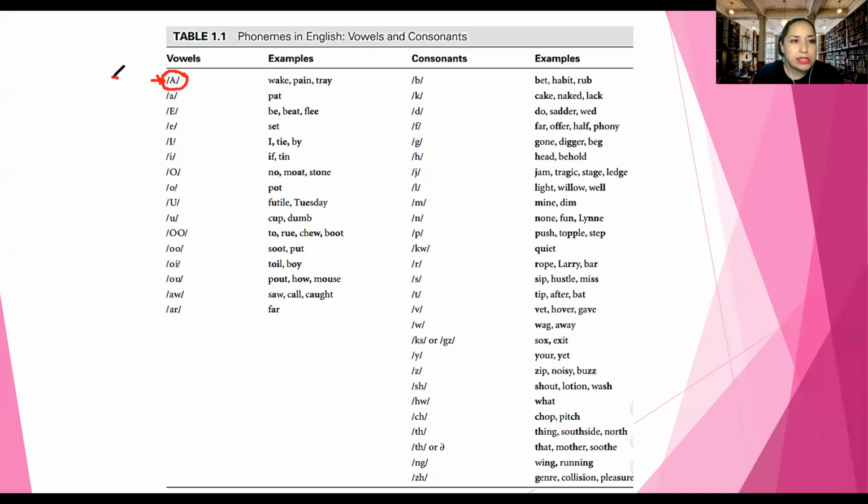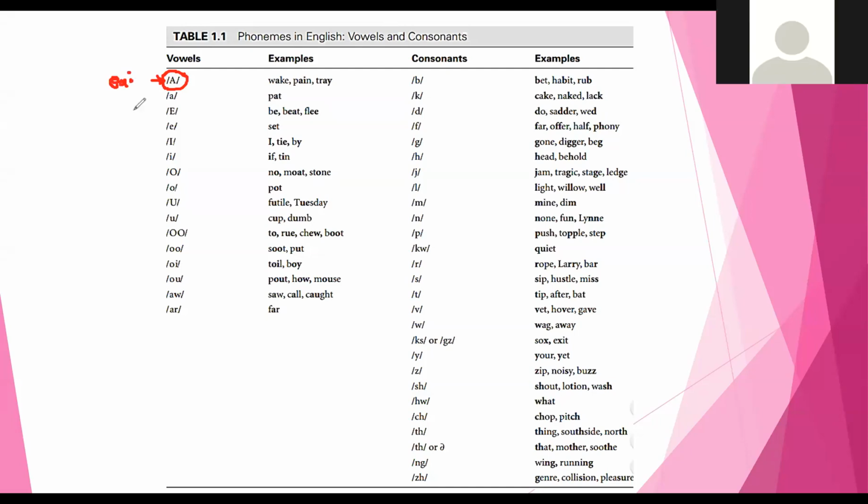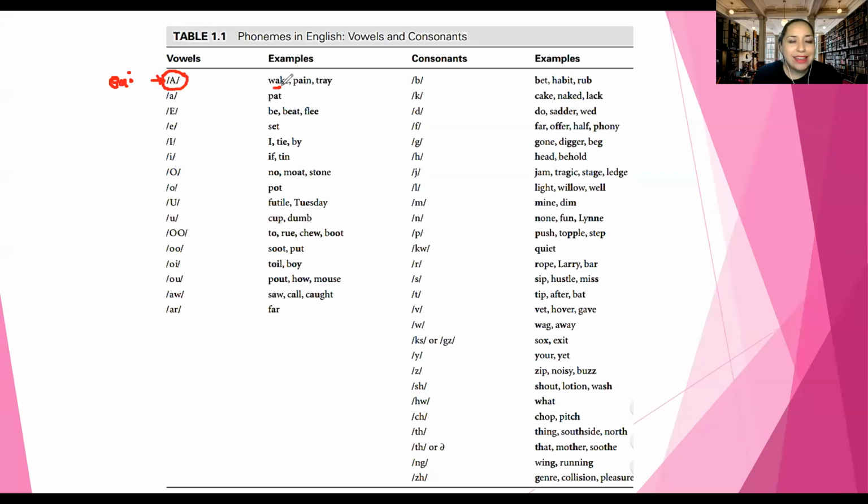For native Spanish speakers, it will be something like able, right? Like A. So how do we pronounce it in here? Way, wake, pain, tray. Good, thank you for participating.